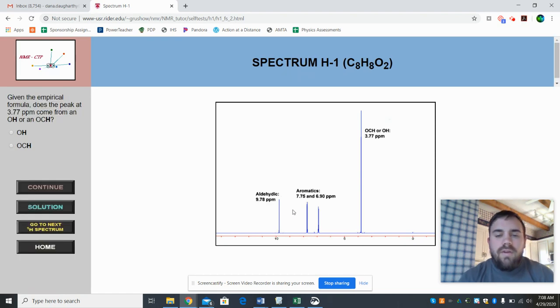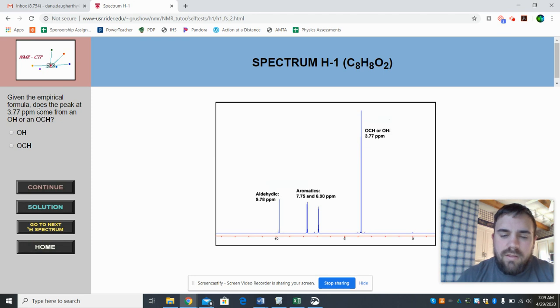So now we've identified all the peaks and now it's showing us what it is. We got an aldehyde, we got aromatics there, and then we got either the hydroxyl group or the ether group. Then it says, given the empirical formula, does the peak at 3.77 parts per million come from a hydroxide or from the hydrogen involved in an ether?